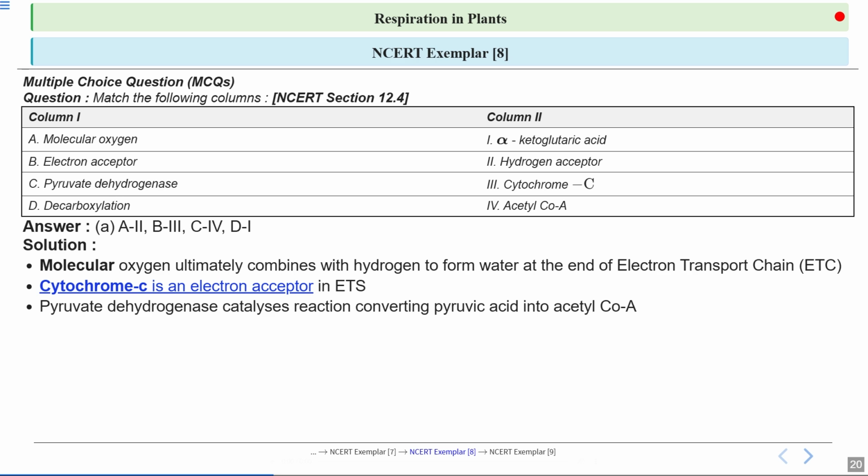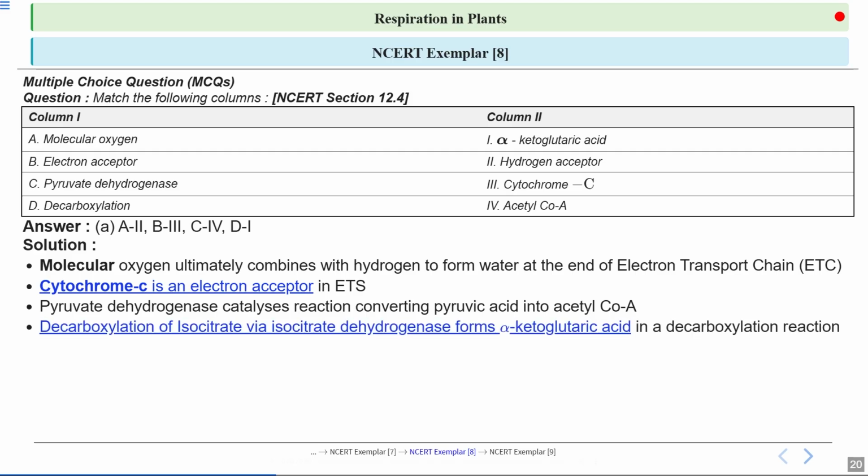Now pyruvate dehydrogenase catalyzes the reaction that converts pyruvic acid into acetyl coenzyme A. And this step is the important link between glycolysis and the Krebs cycle, which enables the cell to extract more energy from glucose. Now the next option, decarboxylation.